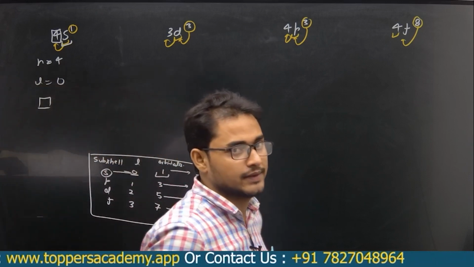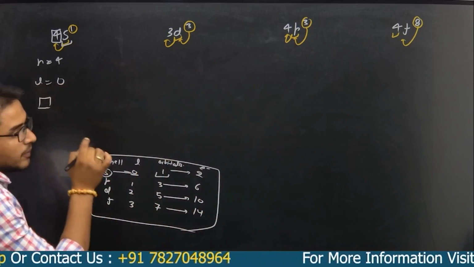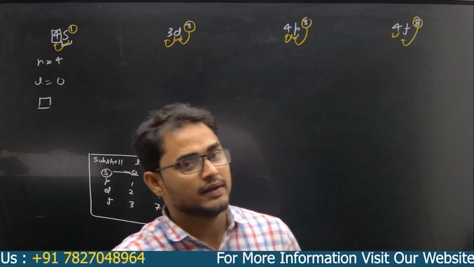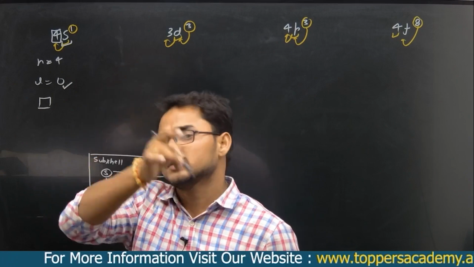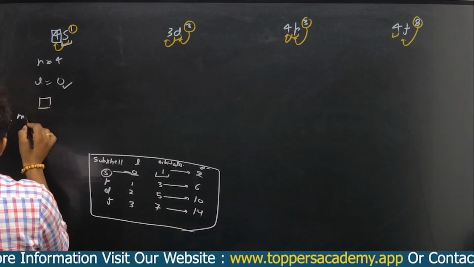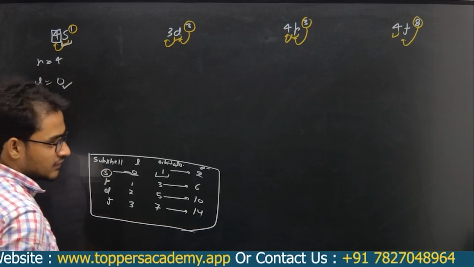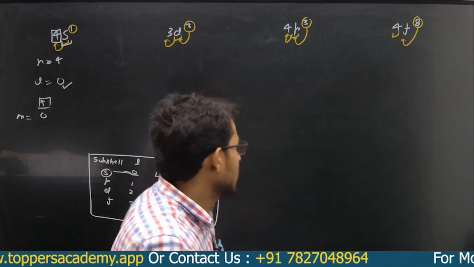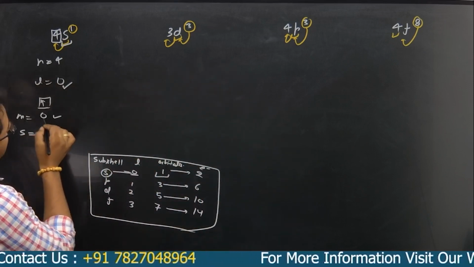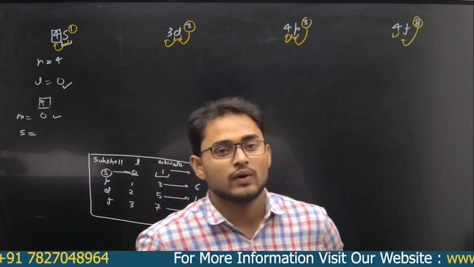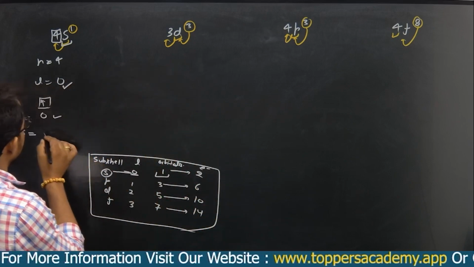The value of m ranges from minus l to plus l, and since l is 0, that means minus 0 to plus 0, so m is equal to 0. Only one electron is present, so we make it clockwise in the up direction. For this the value of m is 0, and since it is clockwise, we take the value of s as plus half.